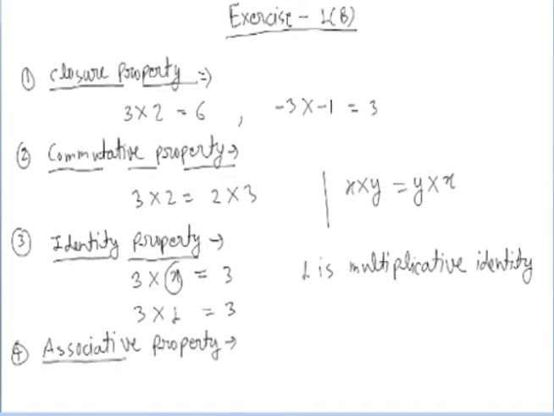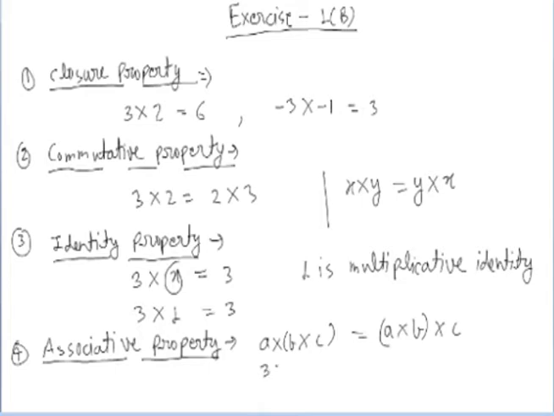Now the fourth property, associative property. So what is the associative property? Like A into B into C is equal to A into B into C, grouped differently.